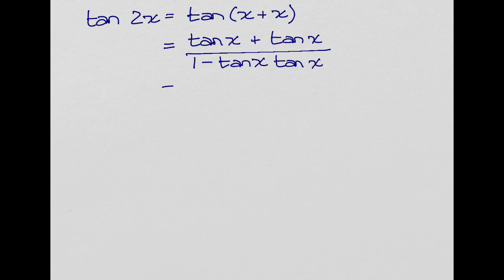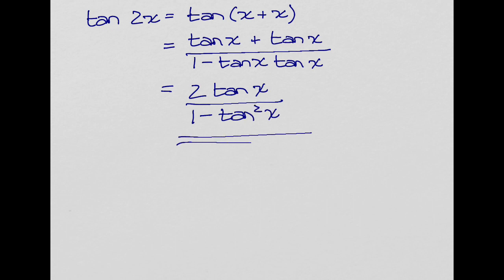And we can clean up both the numerator and the denominator. On the top, I have 2 of the same thing, so that's 2 tangent x. On the bottom, tangent x times tangent x is tangent squared x. We can write it more efficiently like that. And there's our identity for tangent of a double angle.